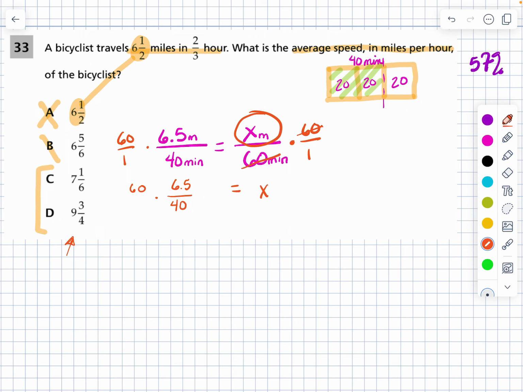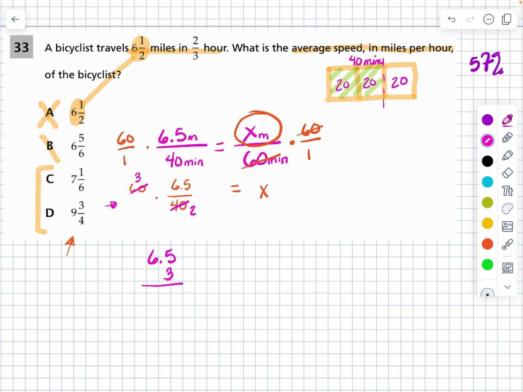how it looks. Now, because I don't have a calculator that I'm using, I want to go ahead and simplify this side of the equation as well. I know that 20 will go evenly into 40 and into 60. It goes into 40 2 times and it goes into 60 3 times. So now I can do this problem a bit simpler. So I can say 6.5 times 3.